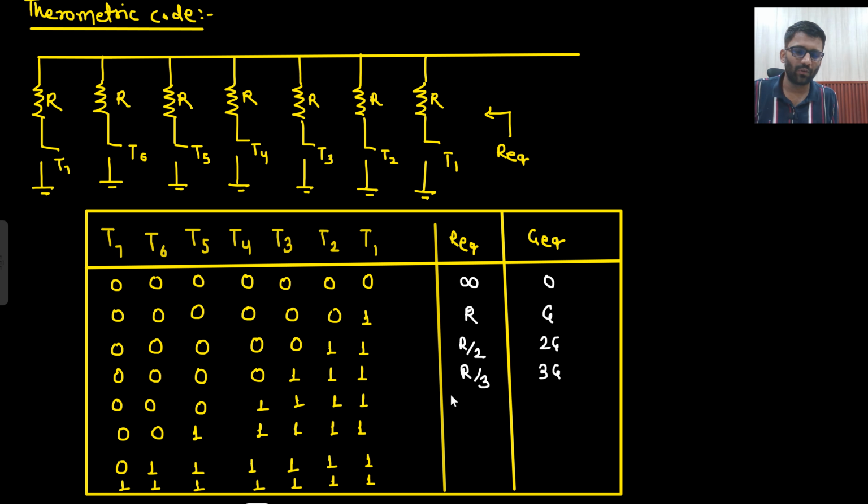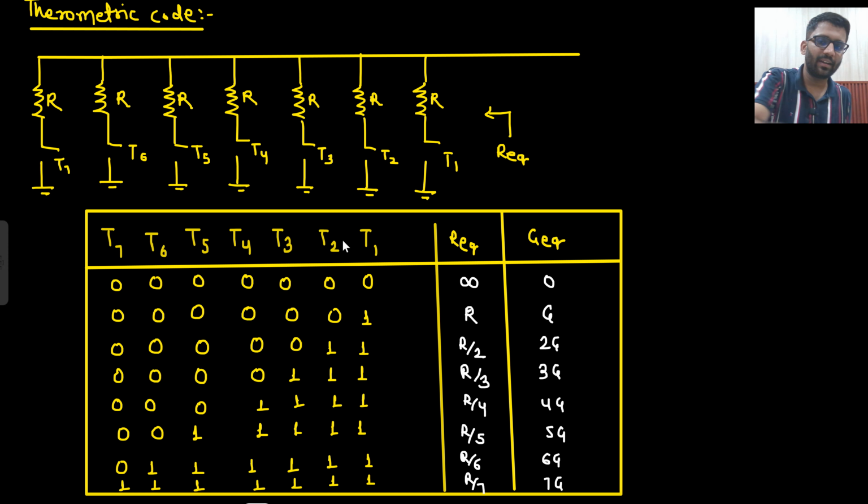So here 4 will turn on, so R by 4, then all 5 will turn on, R by 5, 6 will turn on, R by 6, and then R by 7. So 4G, 5G, 6G and 7G. So both are serving the same purpose. So I can relate this thermometric code to binary code.